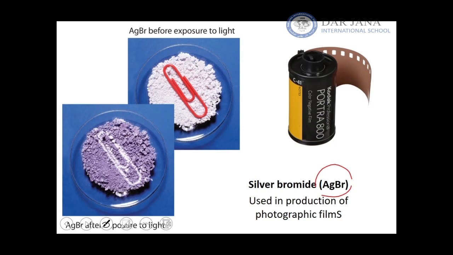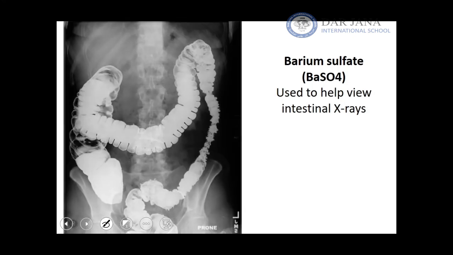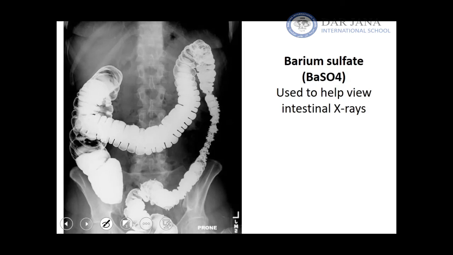So this is the color before casting light on the salt, and this is the color after casting the light. The salt changed its color, so you now have a picture formed on the salt. Barium sulfate is another salt. It's used in X-rays to visualize the internal organs.